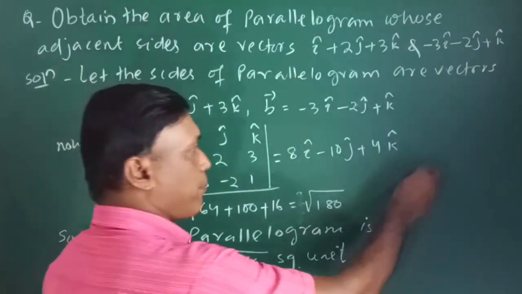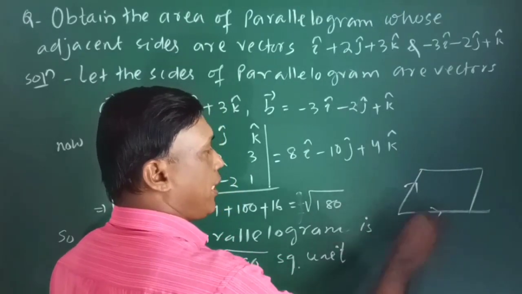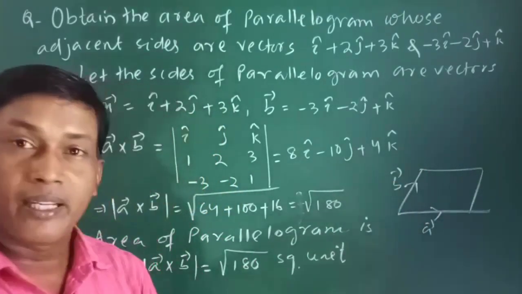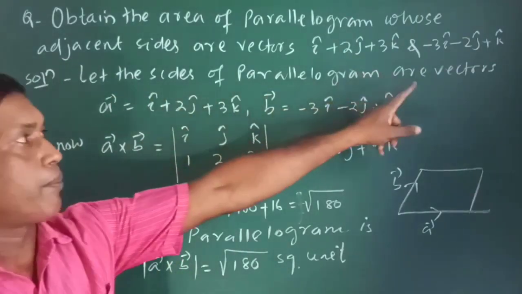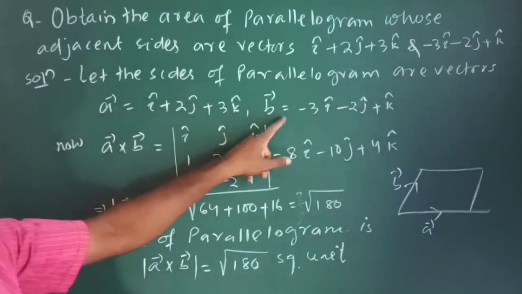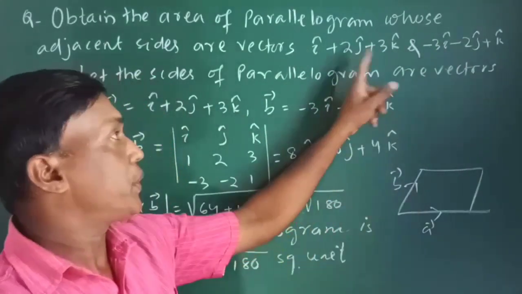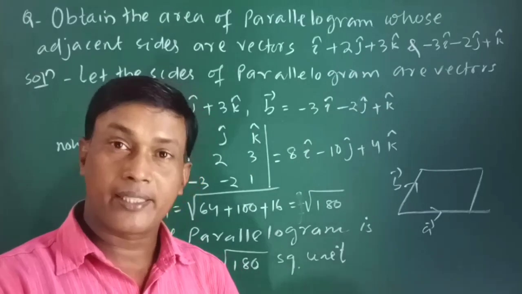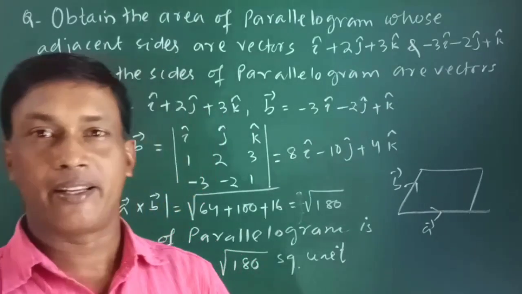A parallelogram is given. Two adjacent sides, suppose A and B, are given in form of vectors. So let the sides of a parallelogram be A vector and B vector. Suppose this is A vector, this is B vector, and these two vectors are the adjacent sides of a parallelogram. How can you find the area?